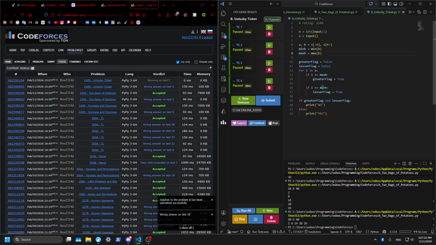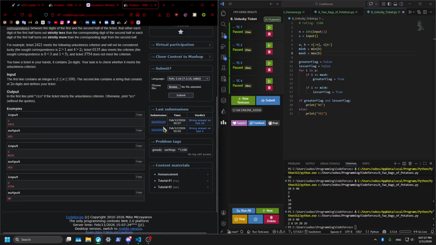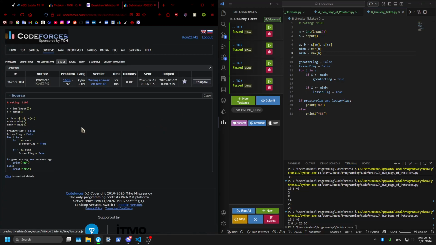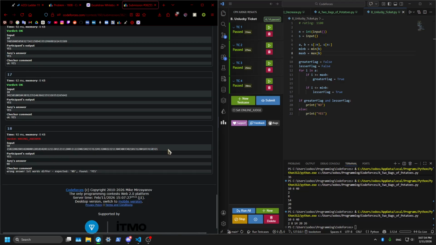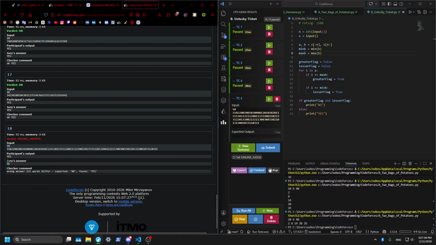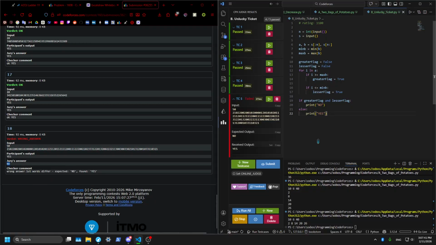Wrong answer on 18. So how can a question have so many wrong answers, so many different cases? Expected output no, received yes.